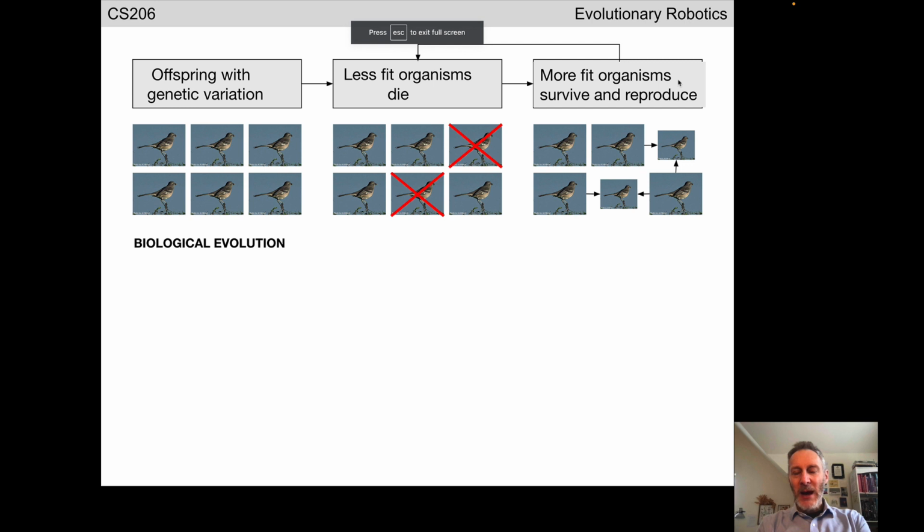So, when we look at biological evolution as computer scientists, we can choose to view biological evolution as basically an algorithm. We see a population of organisms. Those organisms have genetic variation. Organisms that, partly because of their genetics, are less fit, they collect less food, they're unsuccessful in avoiding predators, and so on. They sort of die off.